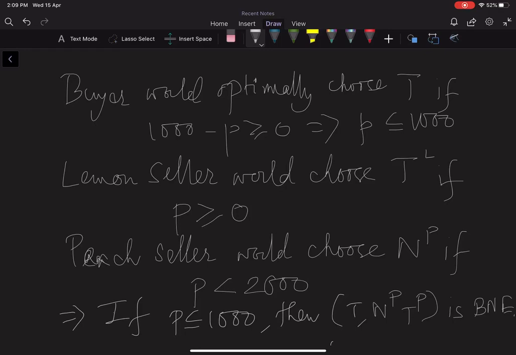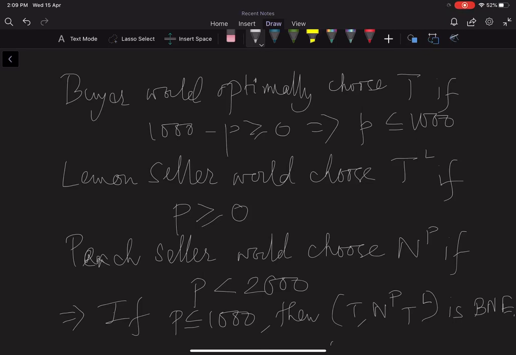But we see that there is a Bayes-Nash equilibrium where only lemon owners are ready to trade, but the peach owners are not. Sorry, here I've written it incorrectly. It should be lemon. And this will happen when price is low. So when price is below 1000, we see that only lemons are getting traded.